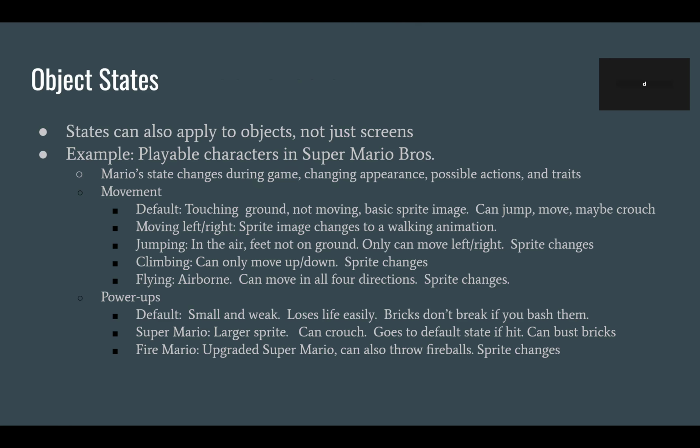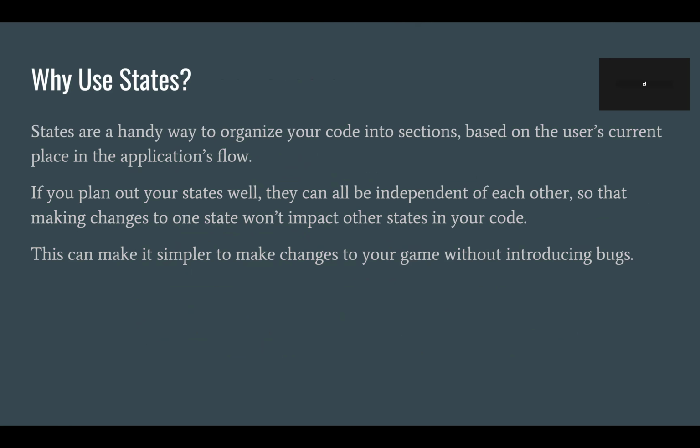All right. So what is the point of using states? States are a really handy way to organize your code into sections based on the user's current place in the application's flow, right? So we're looking at this right now from a coding perspective, when you're writing code. But you can also think of it from a design perspective too.